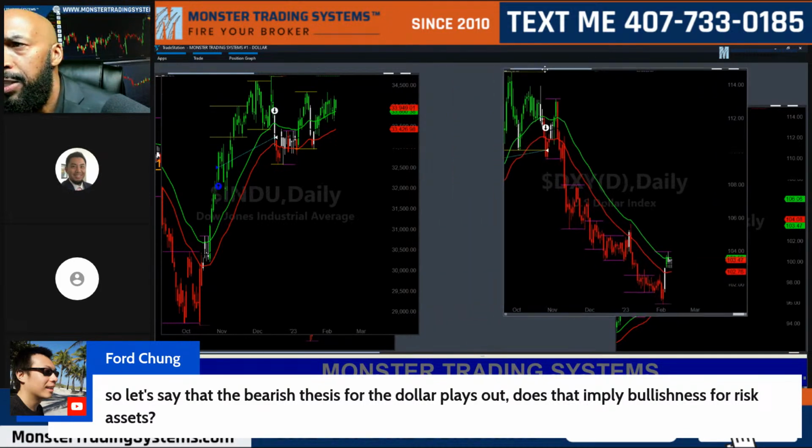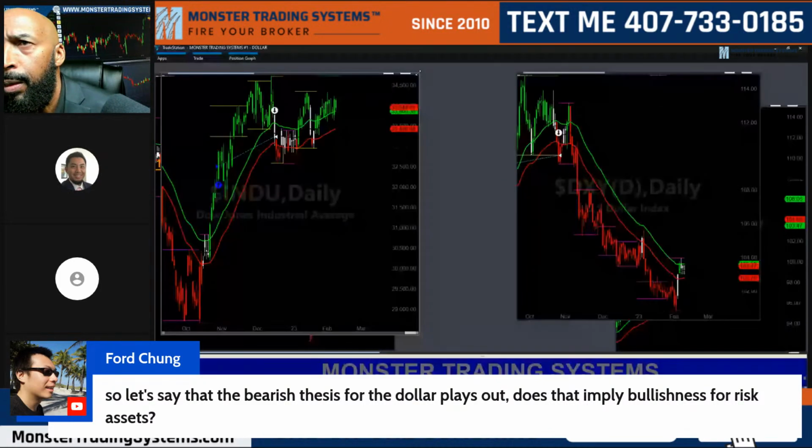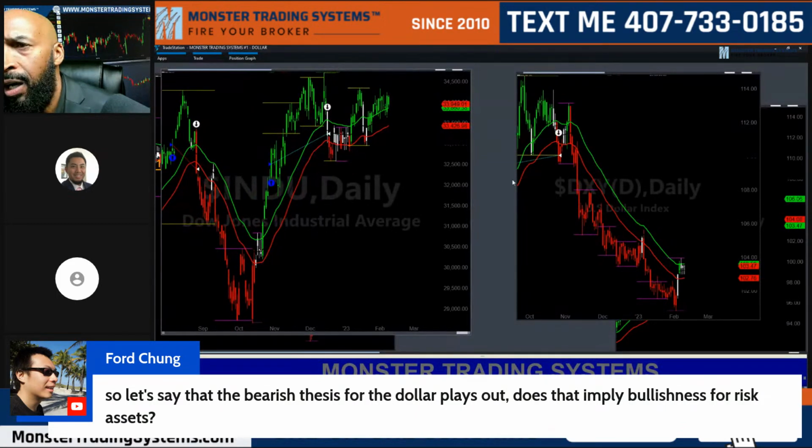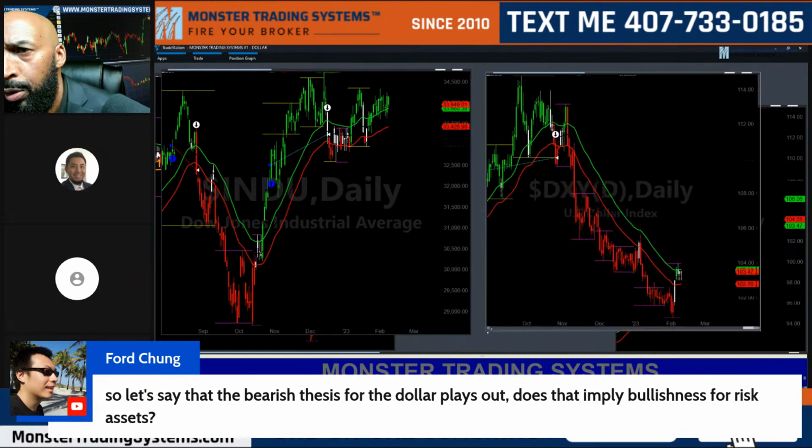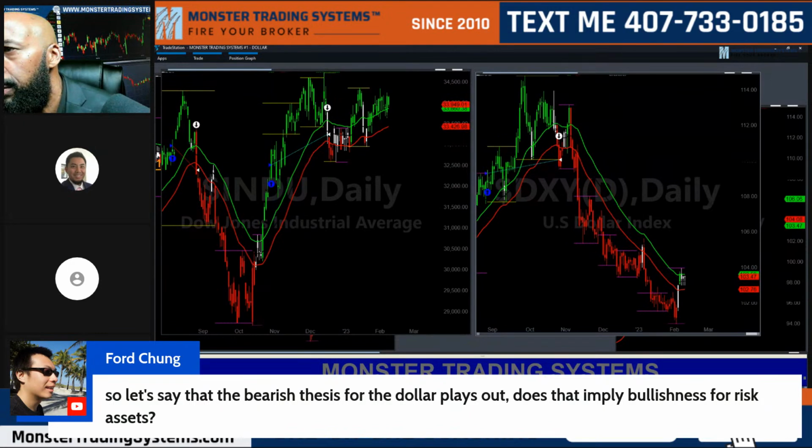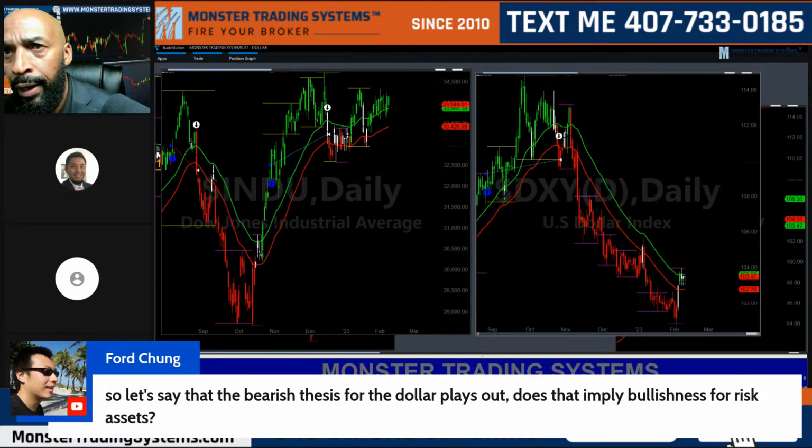So guys, if you look here, this is the Dow, and this is the dollar here. As Peter was saying, it's inverse, right? If we look here, October is here on the Dow, and the Dow made this move here. At the same time in October, the dollar made a high.